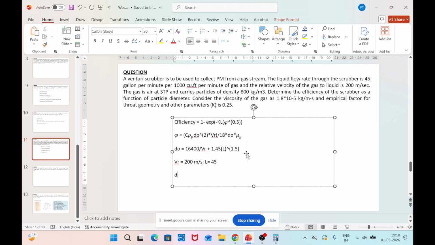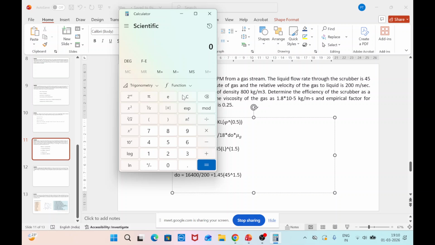If we substitute here, d0 will be 16,400 by 200 plus 1.45 times 45 whole power 1.5. What would be 16,400 by 200? That is 82.